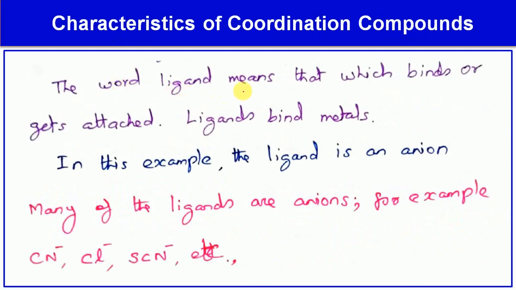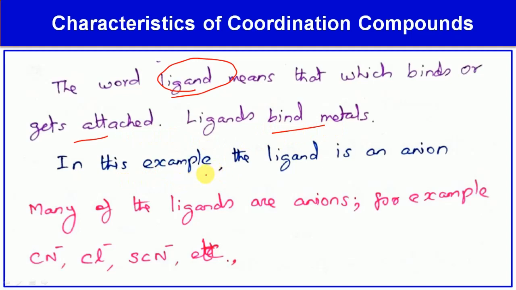The word ligand means that which binds or gets attached. So the cyanide group is attached to the metal, that is the ligand. Ligands bind metals.